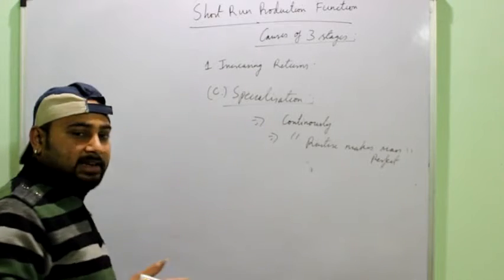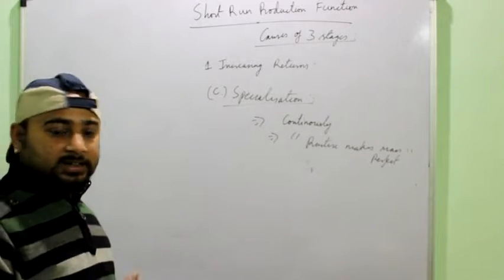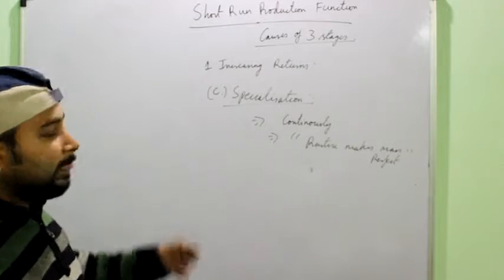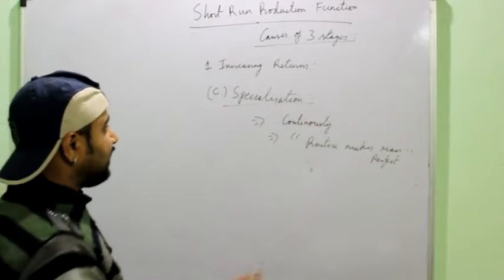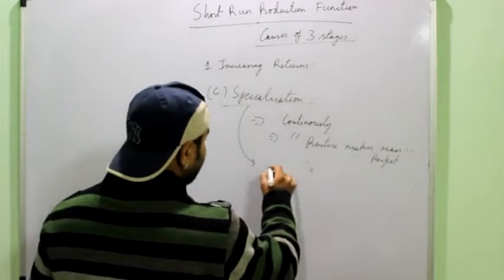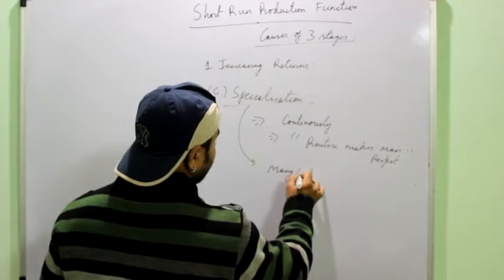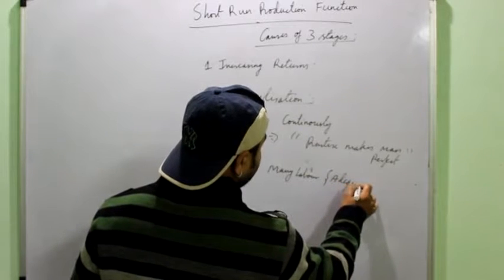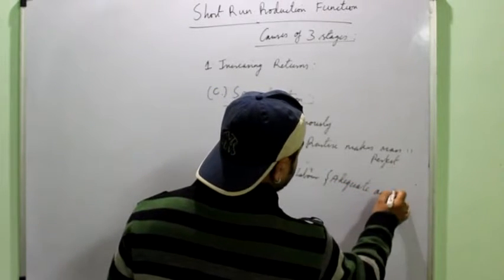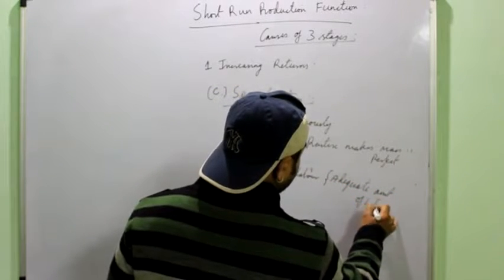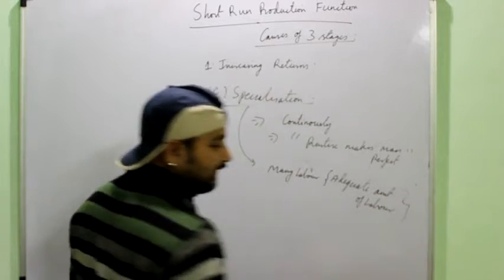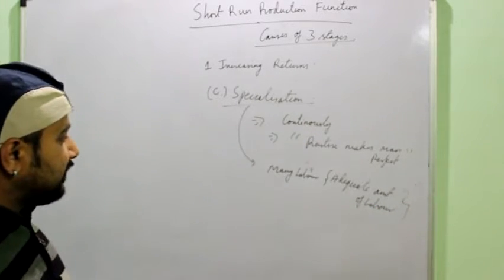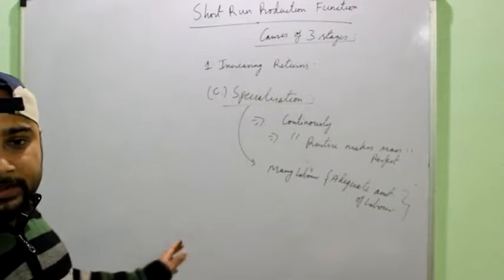And when my labor is working continuously on the same job, it also gives me some specialization, and specialization is possible only with many labor, or you can say with an adequate amount of labor. So as I move on to utilize my fixed factor, the additional labor which is coming in will help me to do specialization, right?